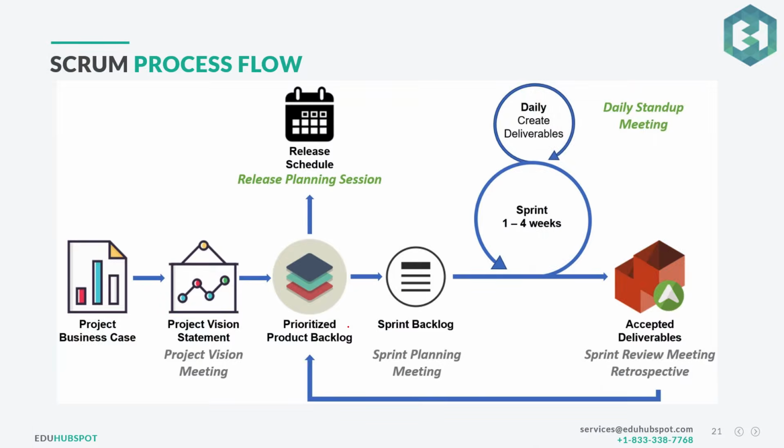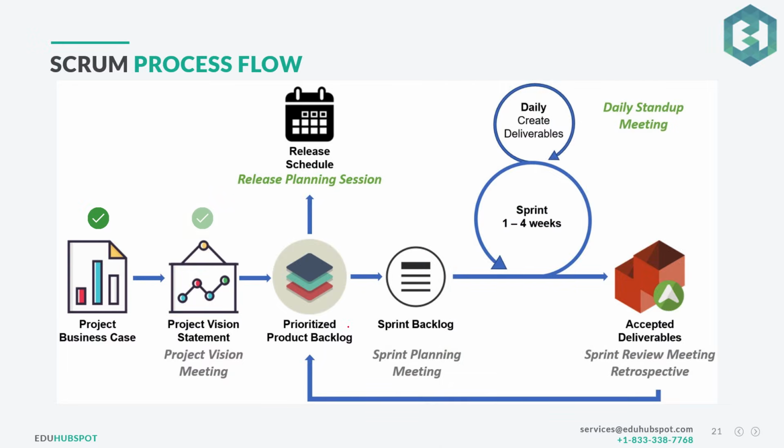So let's imagine I want to make a website for my training company. Initially, at the very high level, I would have a business case for why I want to make a website. My main goal is to make sure that people like you and I and other people are able to do professional certifications.